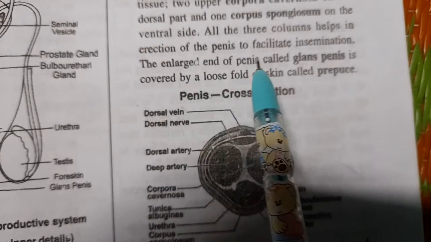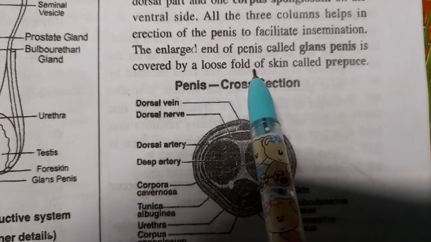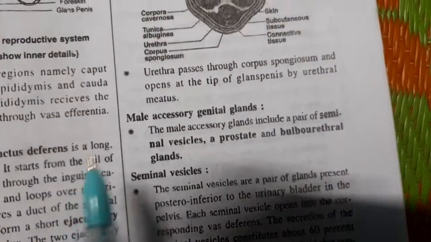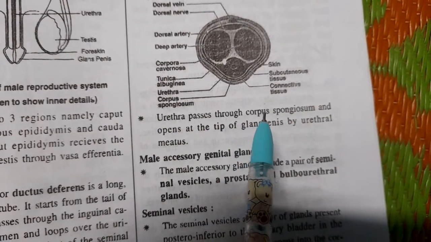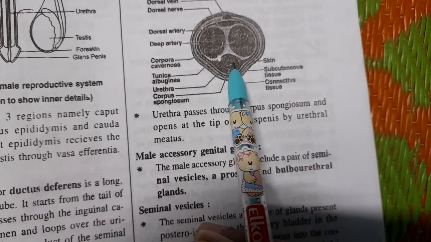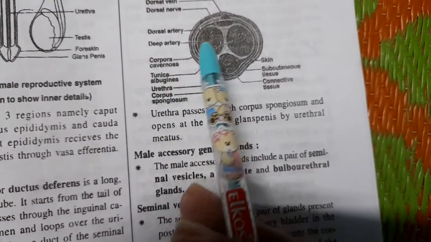The enlarged end of the penis, the glans penis, is covered by a loose fold of skin called prepuce. The urethra passes through the corpus spongiosum. You can see here, in the middle of this corpus spongiosum, there is a urethra. Urethra is not present in these two columns.